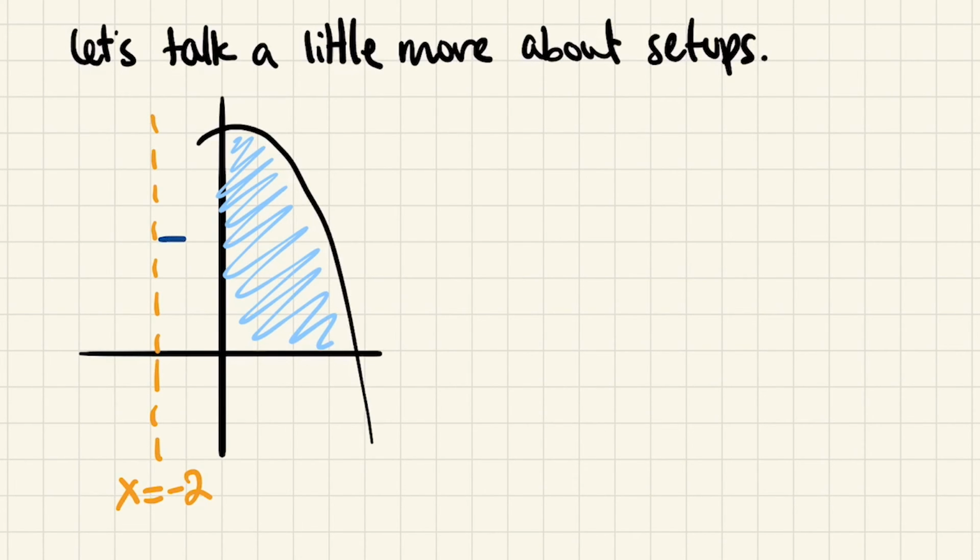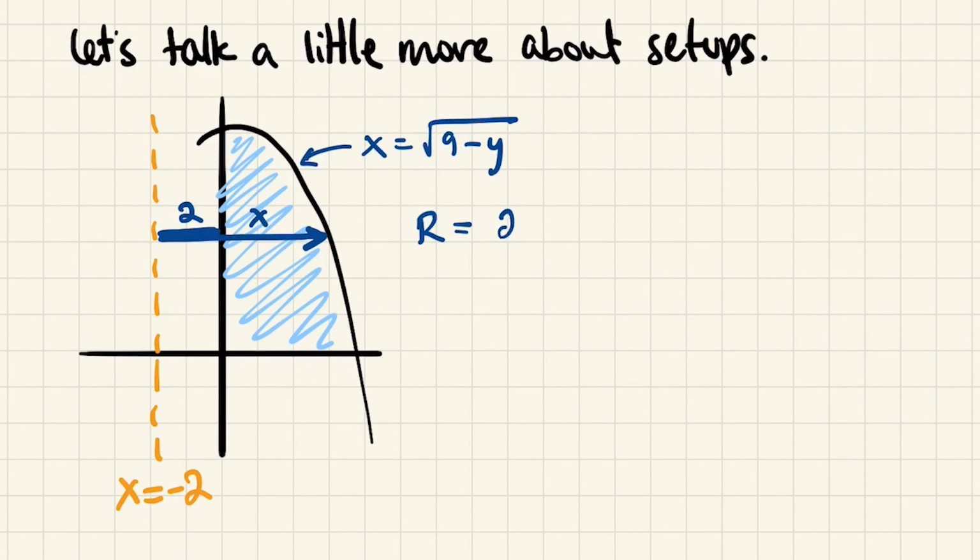And so our capital R was this fixed length of 2 here, plus x. And of course, x was the square root of 9 minus y. So our capital R became 2 plus the square root of 9 minus y.